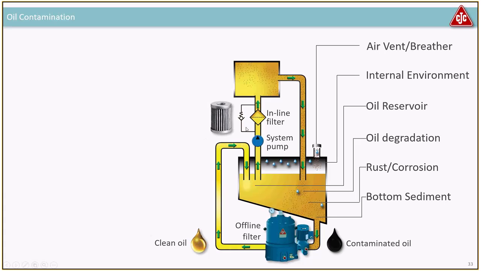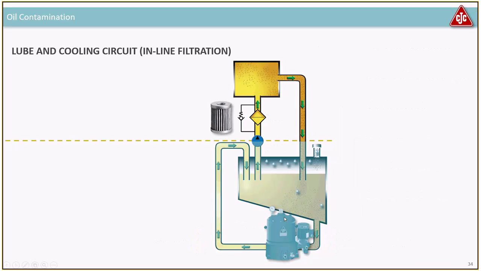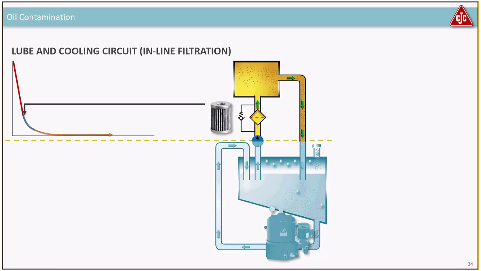Then you also need to have an inline filter, a pressure filter here after the main pump. This is the last chance to stop the dirt getting into the system, and you can combine that with an offline filter that runs 24/7 from the most contaminated area here. I will just show it in a different way here. If you look at the particles here and the percentage here, maybe you remember this curve.